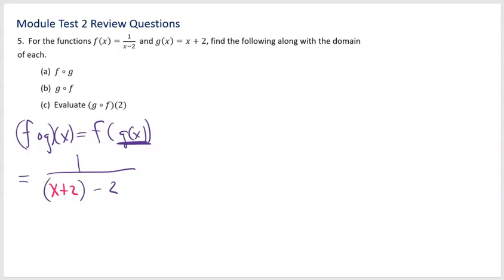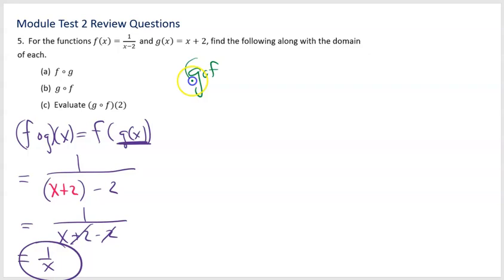Now after that, I just need to simplify. So it's going to give me 1 over x plus 2 minus 2. Plus 2 and minus 2 cancel each other out when I add like terms, and I get 1 over x. Now let's go backwards. G composite f. Okay, so G composite f of x is going to be g of f of x.